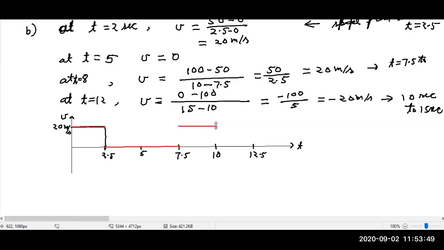Then from 10 to 15, it is again negative, minus 20. So graph will be like this.